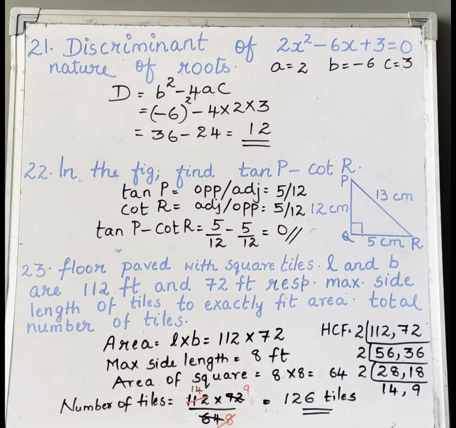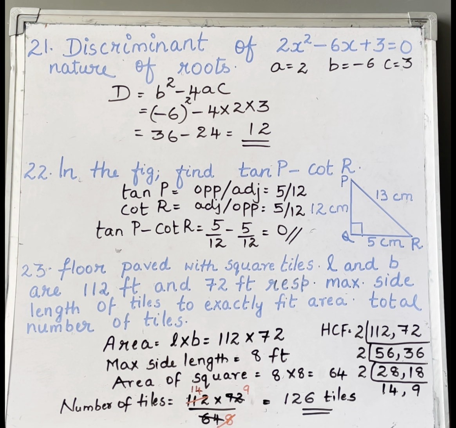And the discriminant is given by d is equal to b square minus 4ac. So here a is equal to 2, b is equal to minus 6, and c is equal to 3. So substituting the values, d is equal to minus 6 square minus 4 into 2 into 3, which is 36 minus 24, which is 12.